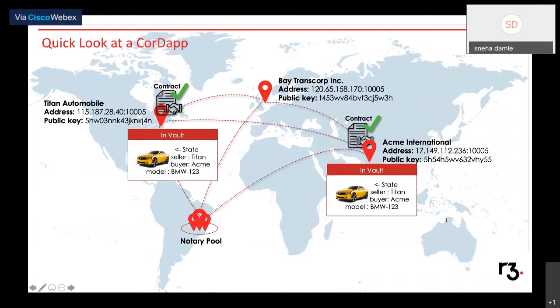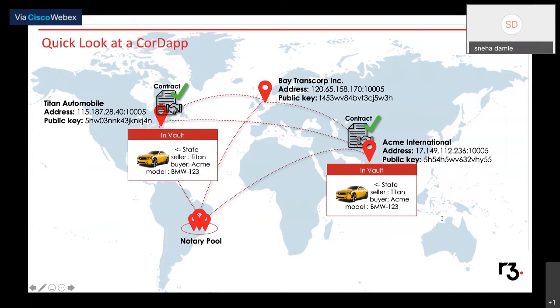Now, this proposal is signed by both parties, so we can assume that both parties are happy and want to execute this transaction. This signed proposal is then sent to the notary to check for double spend. If the notary also thinks there's no double spend, the notary will also sign this proposal, and then this proposal gets executed and the information gets recorded on both counterparties' databases.